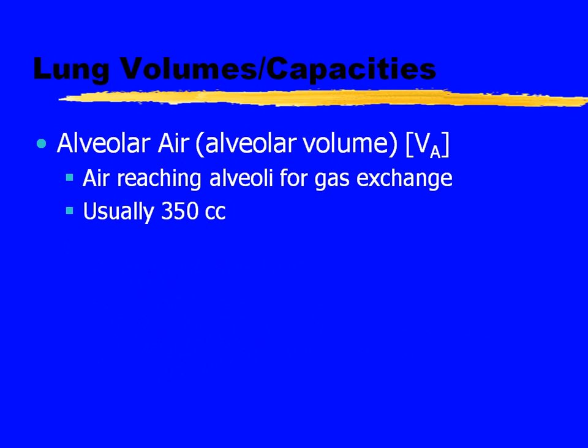So anyway, the ventilation that reaches the alveolar area is about 350 cc's, and that's what we actually have in exchange for our CO2, O2, and so forth. So be familiar with these terms: VT, VA, VD, and so forth.